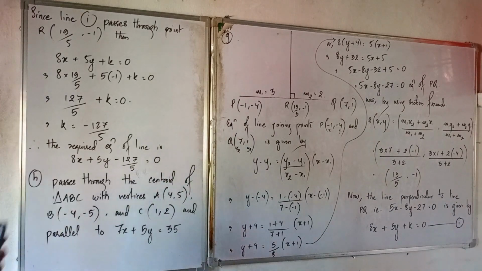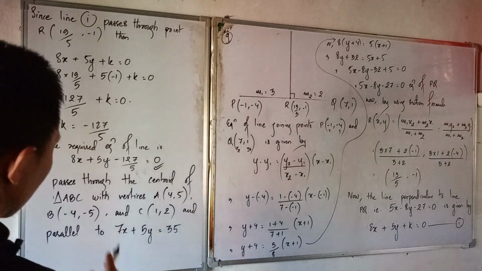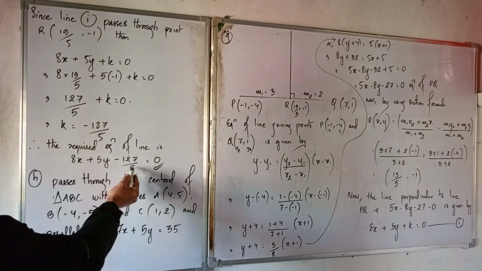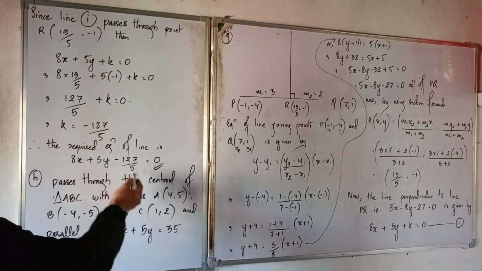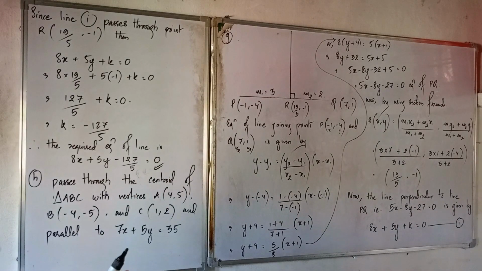You can leave it up to here, it doesn't matter. The answer will be right. In the book, the answer will be represented by taking the LCM 5, or you can leave the equation here. The answer will be correct, there will be no marks deductions.